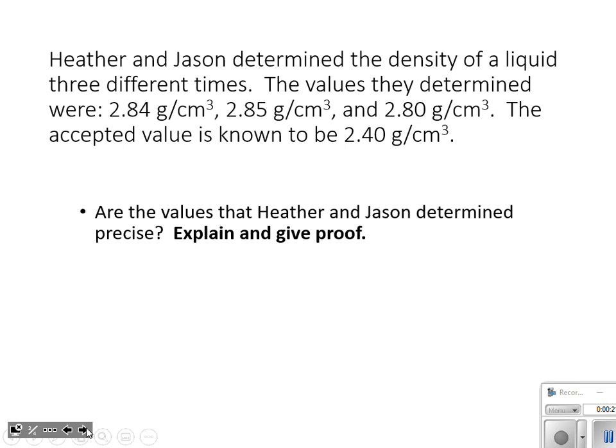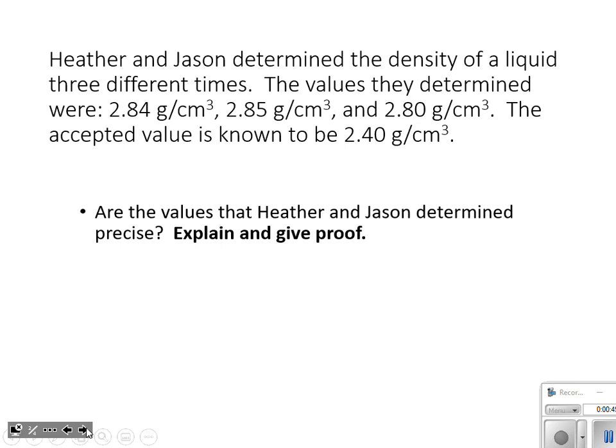The values they determined were 2.84 grams per cubic centimeter, 2.85 grams per cubic centimeter, 2.80 grams per cubic centimeter. The accepted value is known to be 2.40 grams per cubic centimeter. Are the values Heather and Jason determined precise? Explain and give proof.